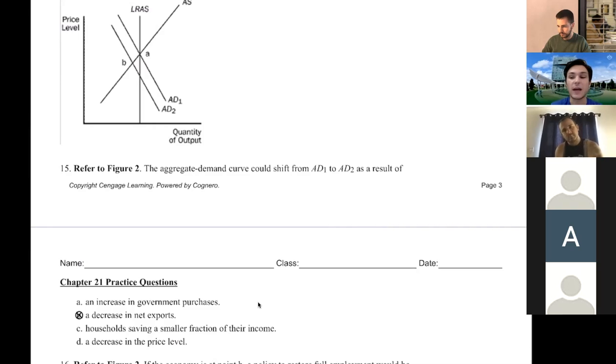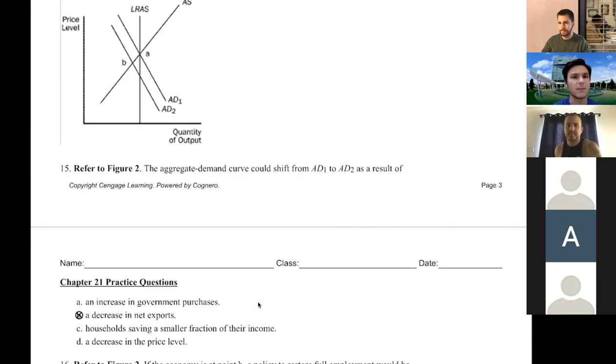Since you're able to buy more, individuals feel wealthier and better off, so it stimulates consumer spending and increases the demand for goods and services. That's what would shift the aggregate demand curve, from that wealth effect. And that's why the wealth effect is downward sloping.